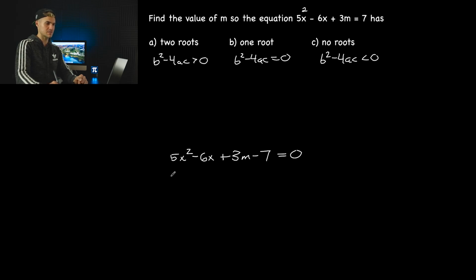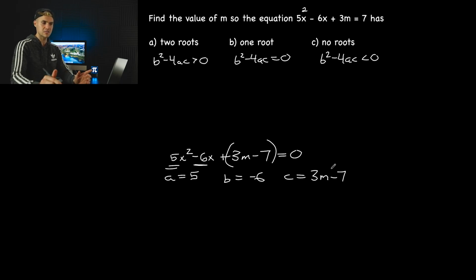And so from here, it's clear to see, okay, our a value is 5, our b value is negative 6 right here, and then our c value, which is the constant, is this entire expression, 3m minus 7, right? Because m is just going to be a constant. 3 times a constant minus 7 is just a constant itself, right? There's no variables here, and so you would represent c as that entire expression here.